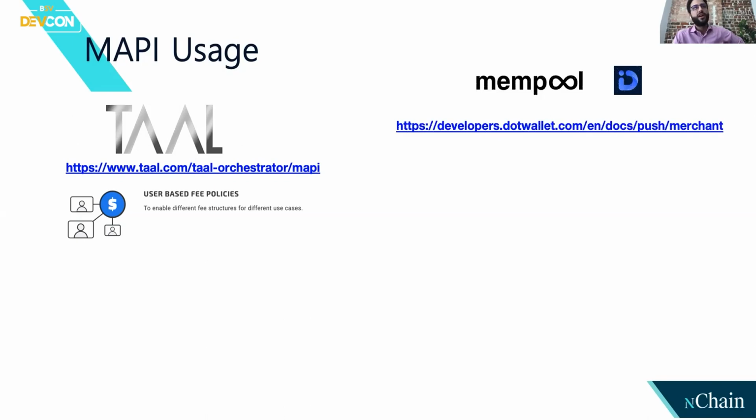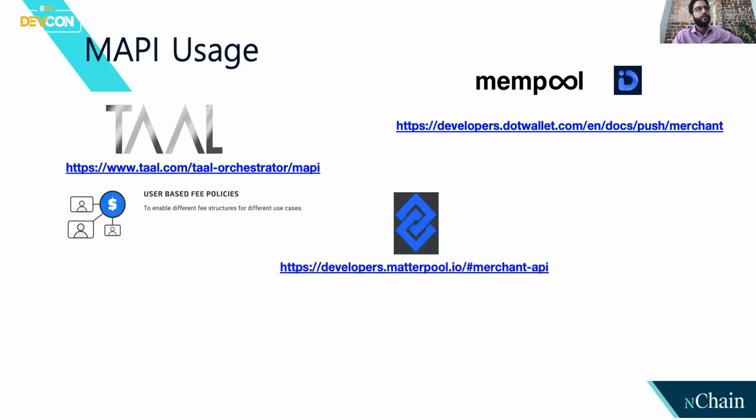And then we also have Mempool and Dot Wallet, who are also leading the way with implementing Merchant API. And third, so far, we've got Matterpool, who recently mined their first block. Congratulations on that. They also have their documentation here at Matterpool.